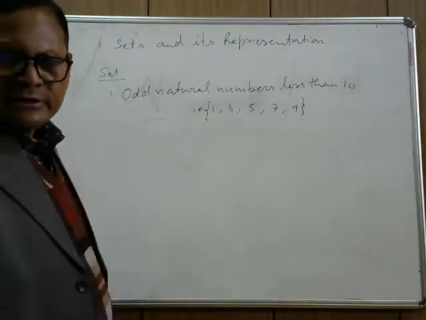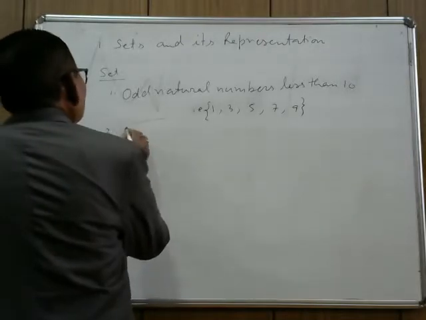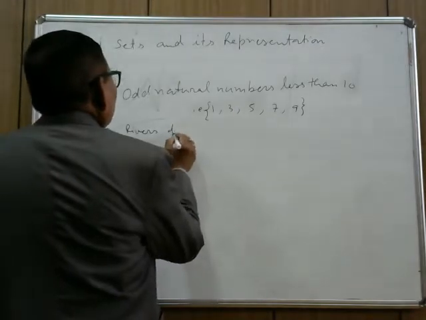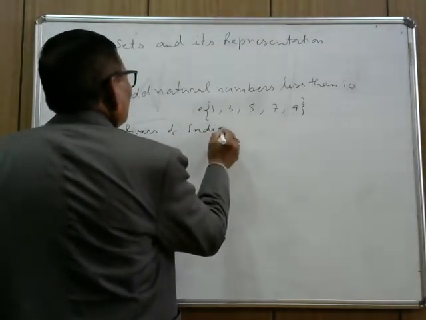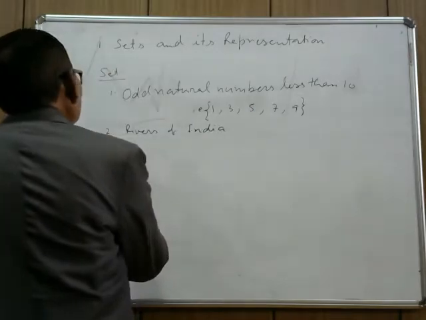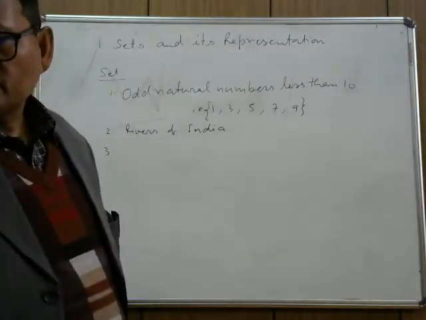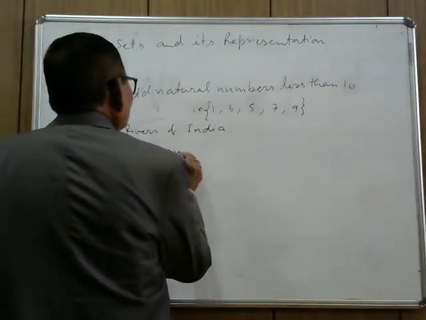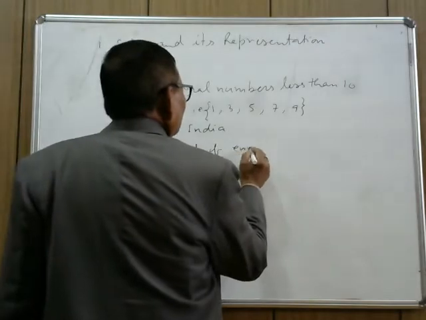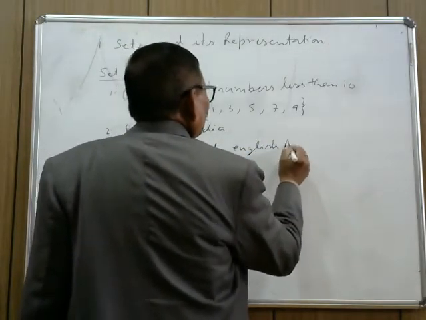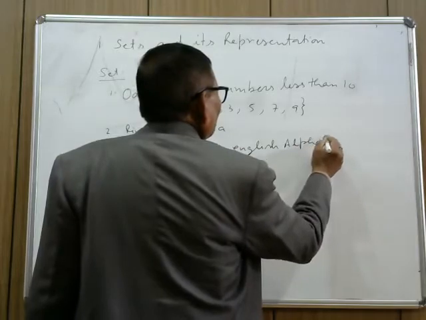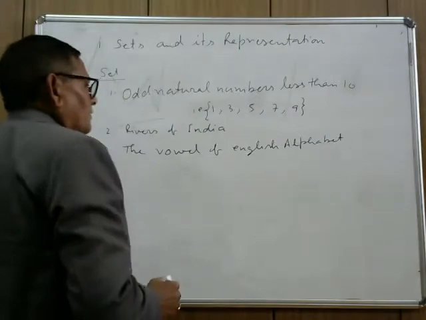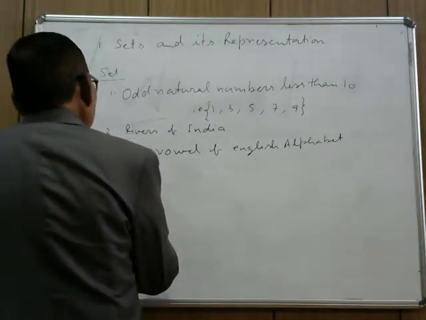Next one, the rivers of India. Second example: the rivers of India. Third, the vowels of the English alphabet. Fourth, various kinds of triangles.